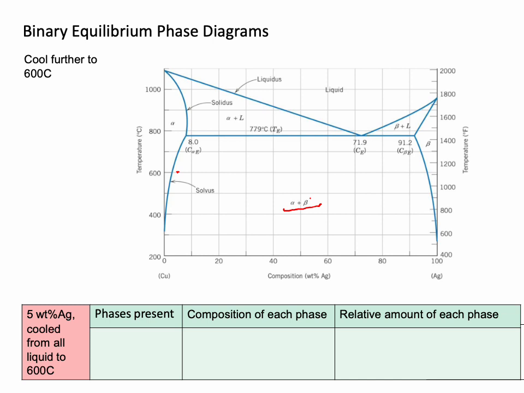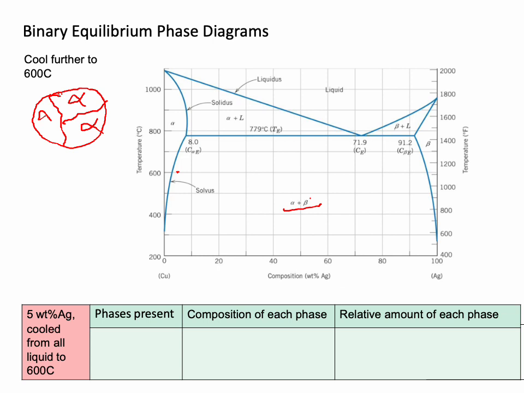So above, at 800 degrees, if I were to be able to look at this solid, I would just see grain boundaries, and this is all alpha solid.